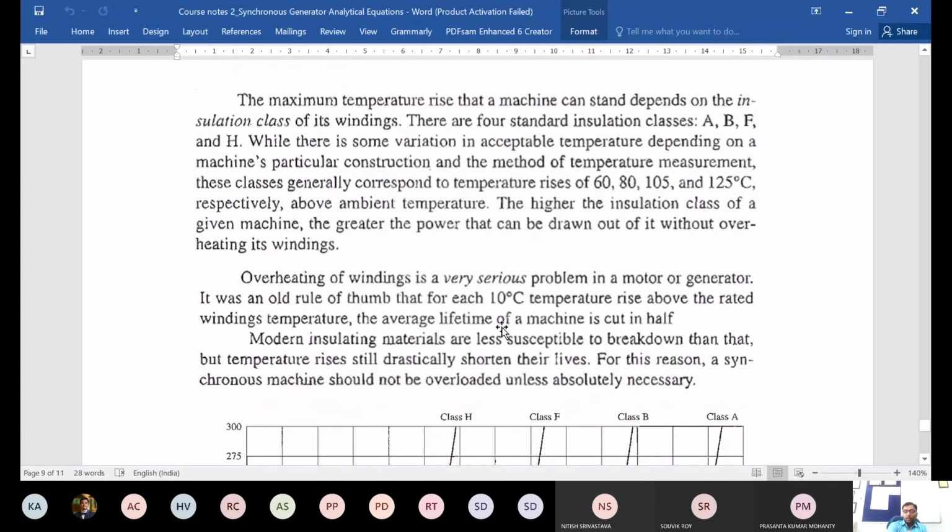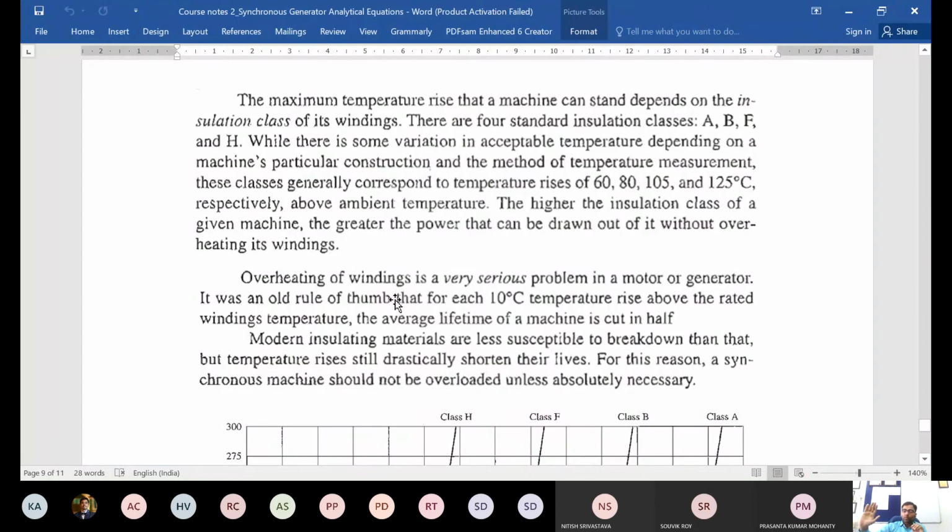But even before that, even if you have a class A insulation, which has a limit of 60 degrees Celsius temperature rise, that is the limit before the breakdown. Still, even if you are not touching that 60 degree limit, but let's say you are raising the temperature by 20 or 30 degrees Celsius, what will happen is that the average lifetime of the winding is actually reduced.